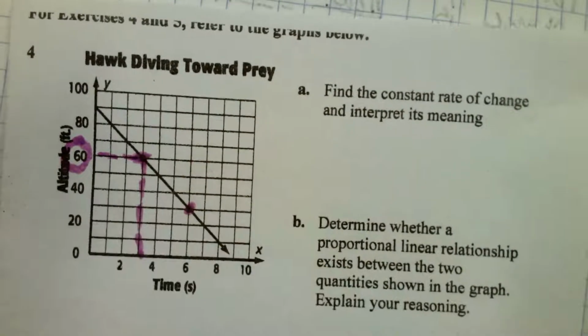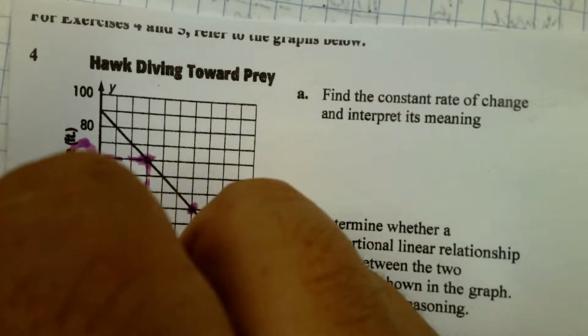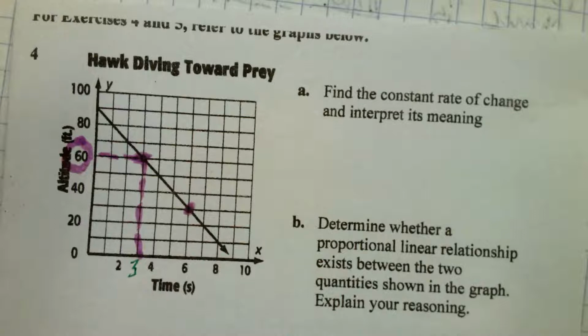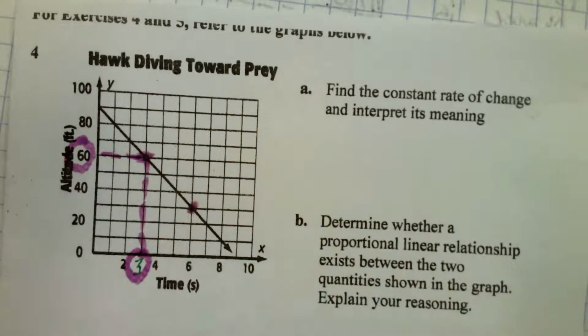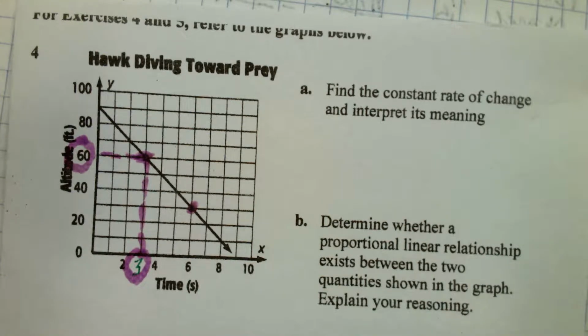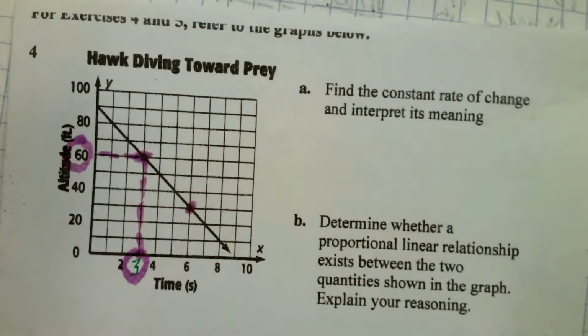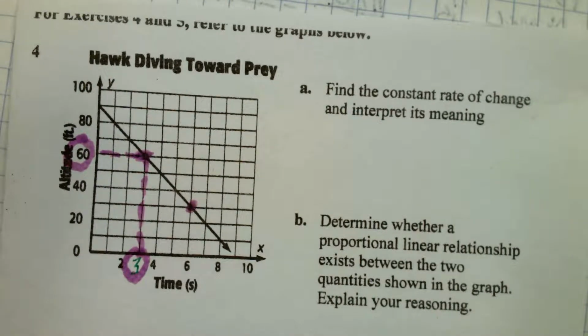Between 2 and 4 is 3. So it's 3 for x, 60 for y. We'll keep a count of that. And I want you to do the same thing for the other point. Find the x and the y values, just like I did. So give it a try.